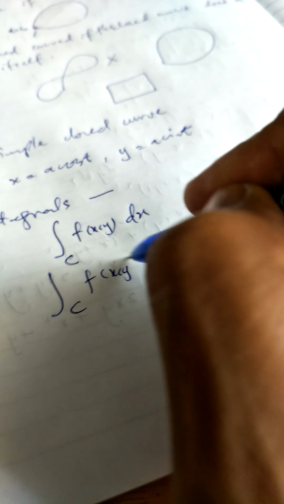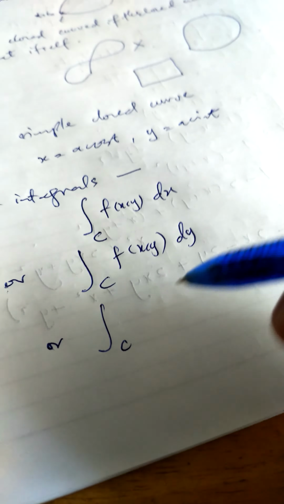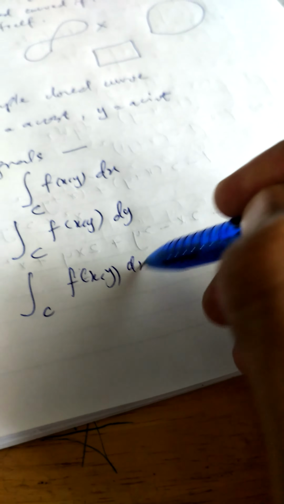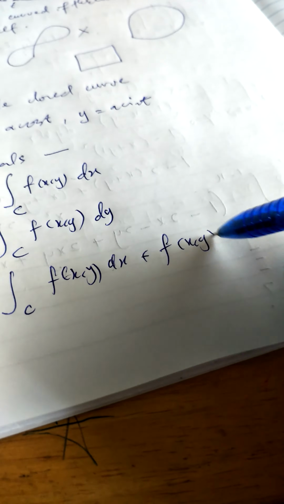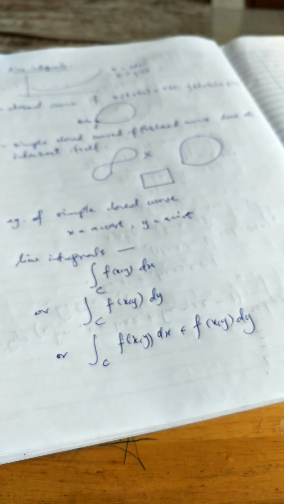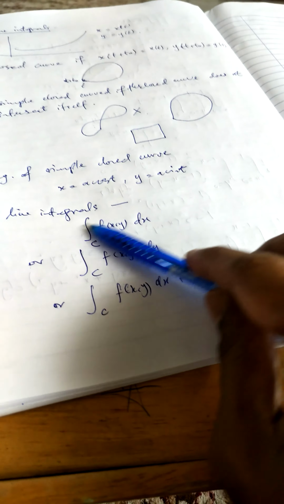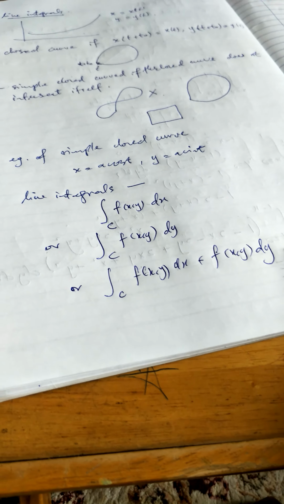C is a given simple closed curve, specified as x equal to what, y equal to what. Or we may have f(x,y) dy, or we may have f(x,y) dx plus g(x,y) dy. All these types of integral are line integrals.